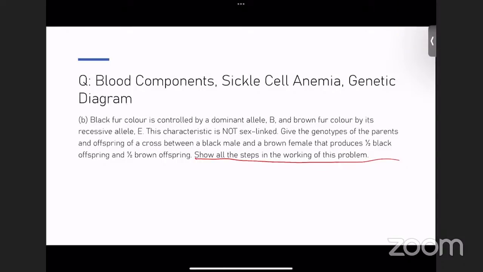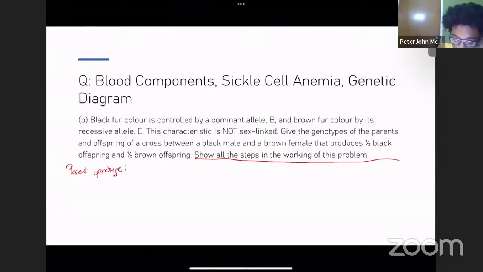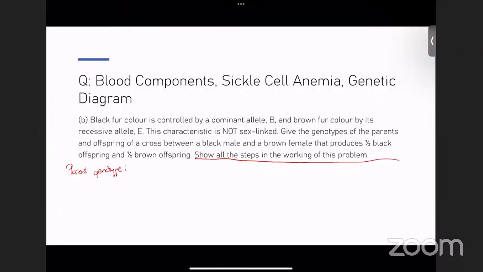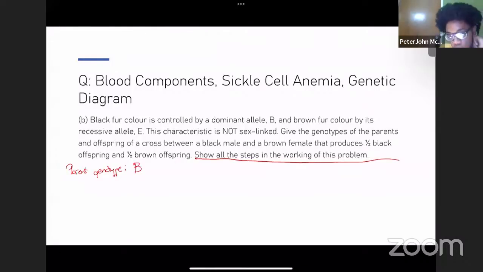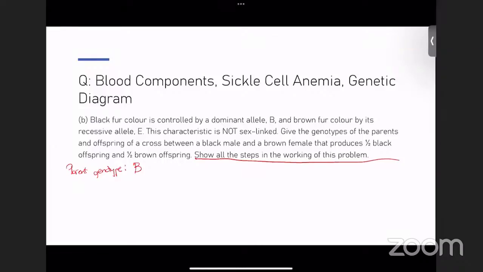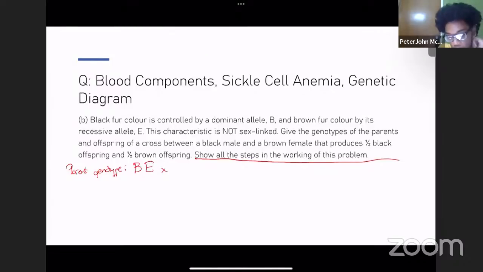Parent genotype. So what's the genotype of our parents? Heterozygote. So give me the heterozygote combination. Capital B, small e. It's not small e.